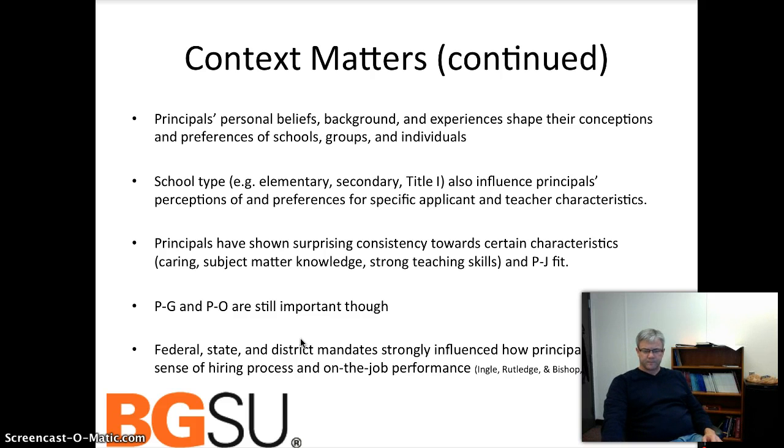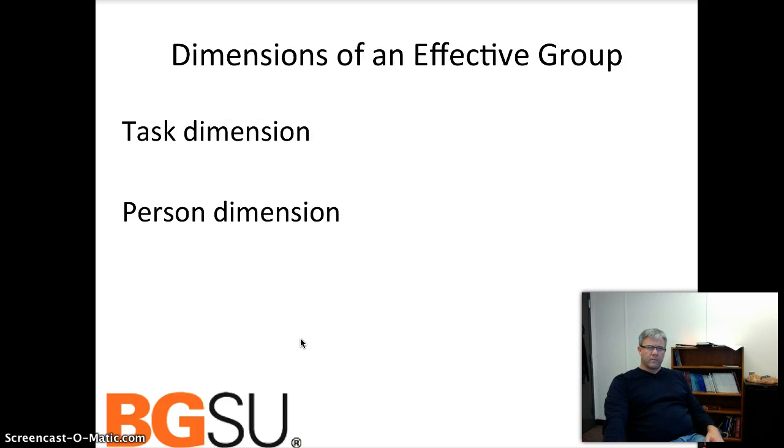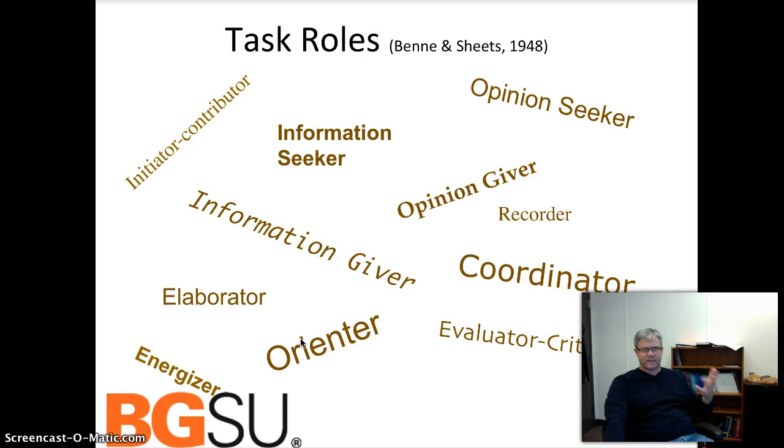All right, so within an effective group, there's a task dimension and there's the person dimension. There's the job that needs to get done, and then the people looking to get the job done. In the tasks, there are these task roles that the book describes and looks at to help orient in that space.